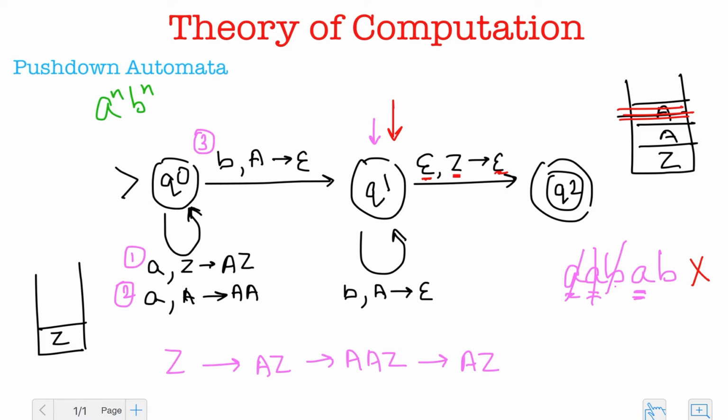And one thing that I want to mention in this video itself is there are two conditions for a pushdown automaton accepting some string. So let me just write those down here. The first condition is acceptance by final state.